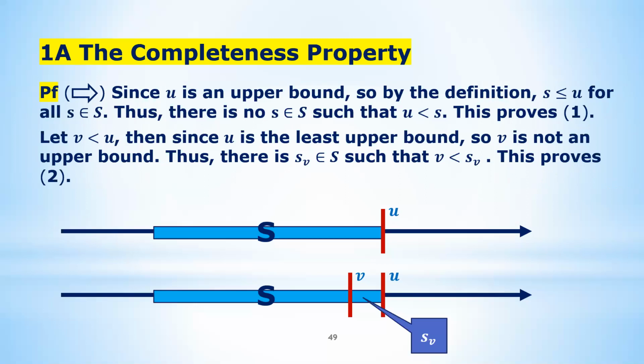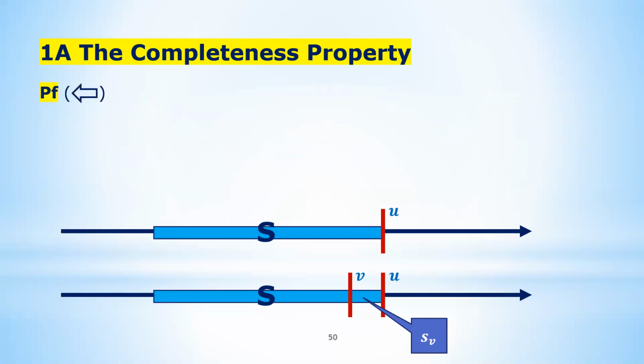So you can see that in this direction, we use the fact that U is an upper bound and also the least one. You can get these 2 properties, okay? But this is only halfway done, because the proof is if and only if. The second part is the other side.